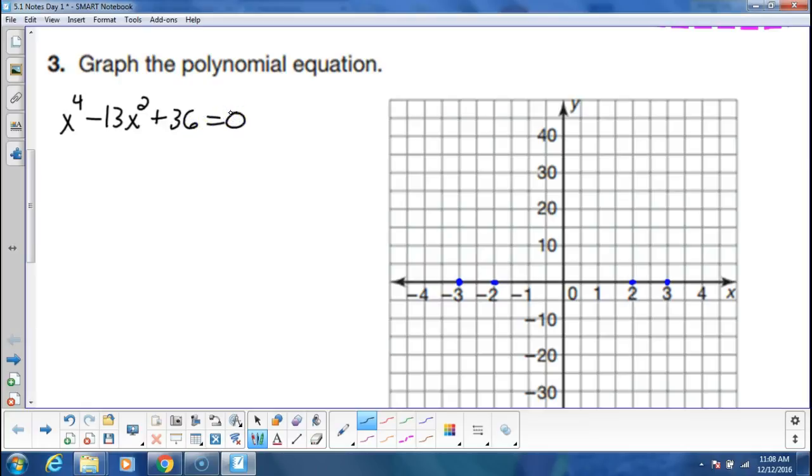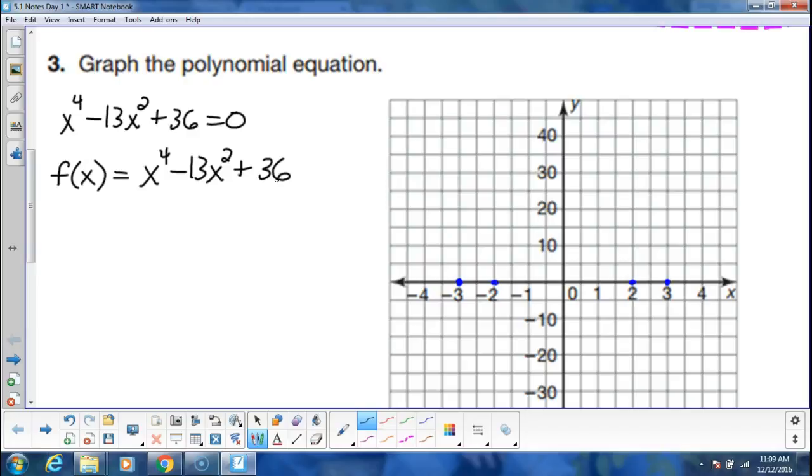But what I'm really graphing is f of x equals x to the 4th minus 13x squared plus 36. What can you tell me about f of x?